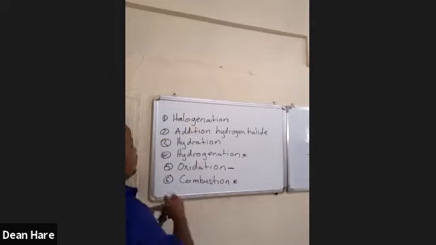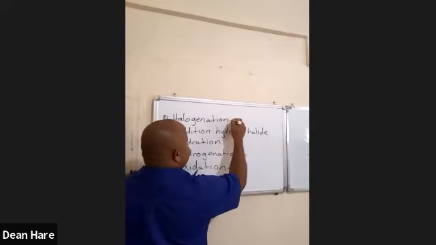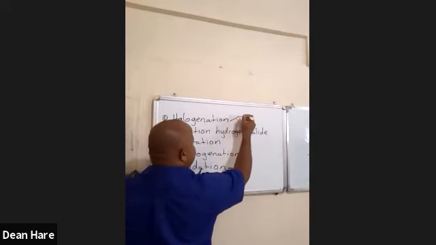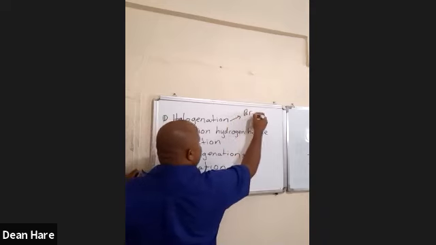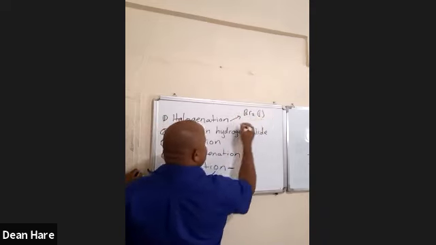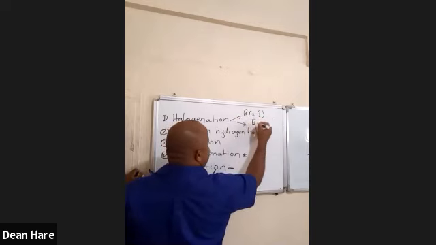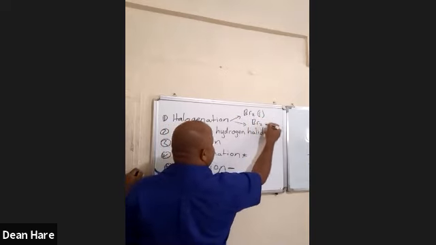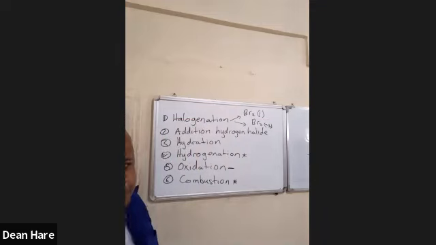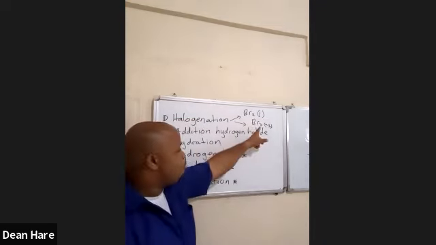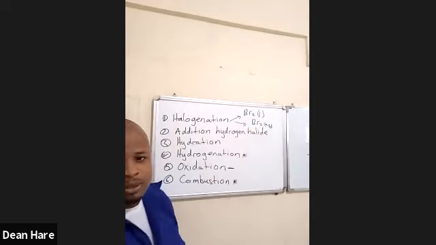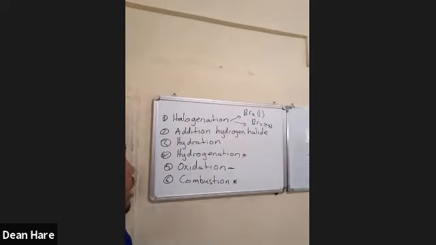For halogenation, please note that with bromine, Br2 liquid versus Br2 aqueous, will there be a difference in the product formed if you are using liquid bromine versus bromine water? Will there be a difference?